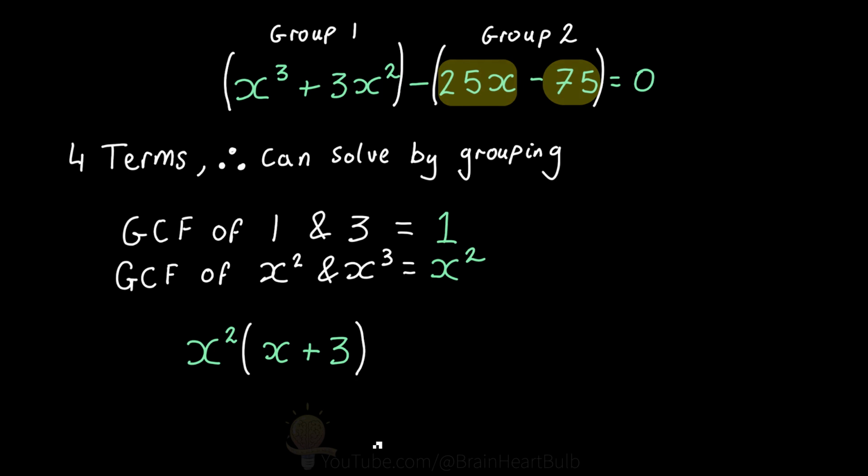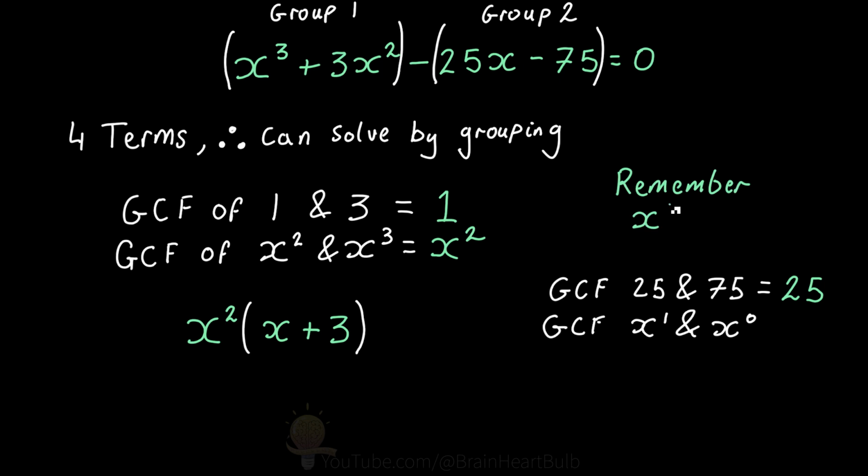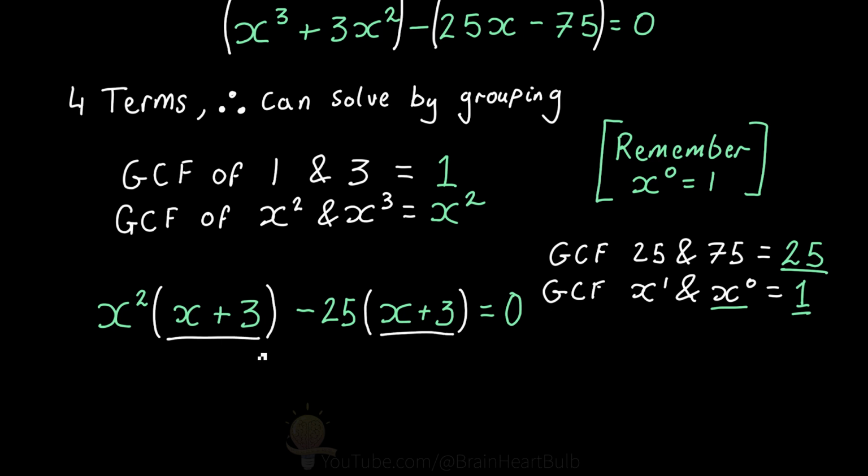The greatest common factor of 25 and 75 is 25. And for the x terms, the greatest common factor is x to the power of 0. So we're left with x plus 3 in this bracket as well. And the fact that the values in the brackets are identical means we can continue to solve this problem.